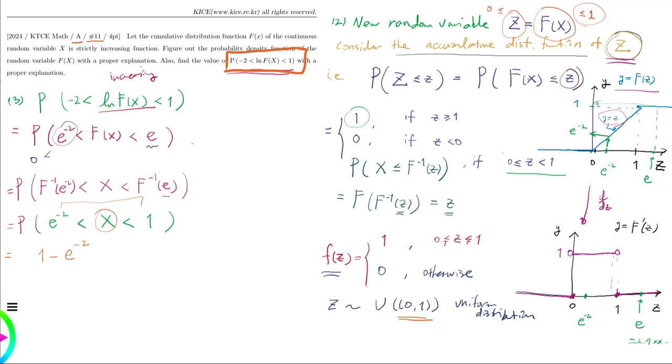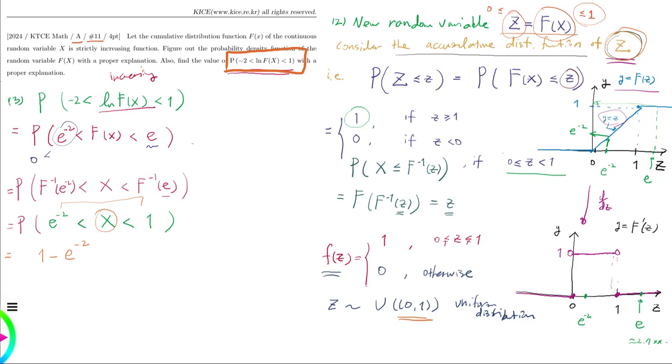The point of this problem, to me, looks like a change of random variables. So you got a new random variable, and if you want to find the probability density function of this new random variable, you can directly obtain it if you are able to do that.